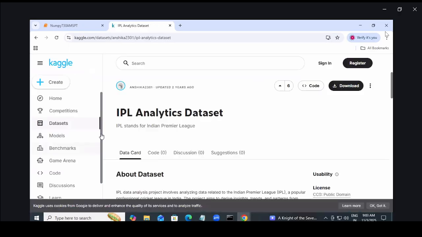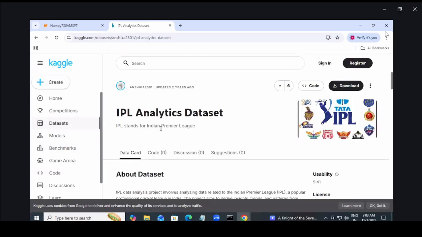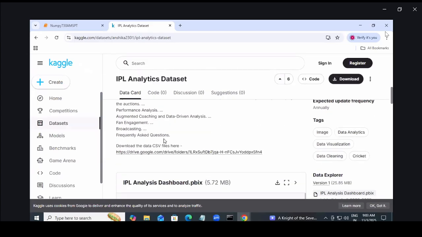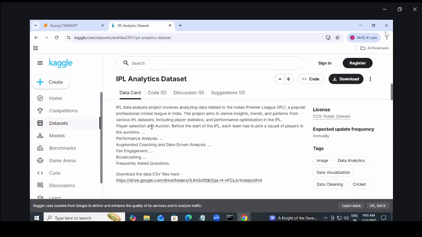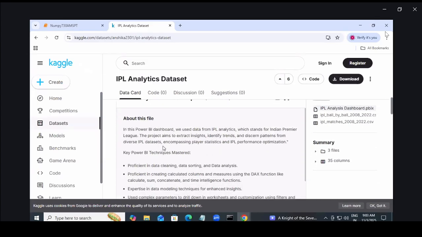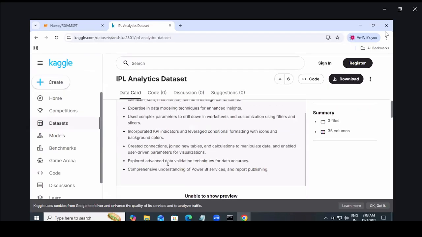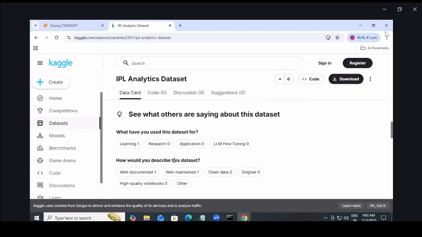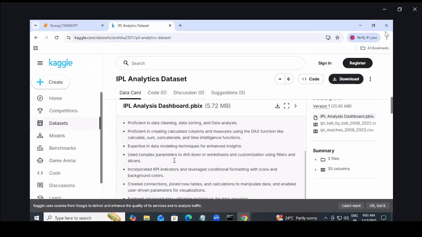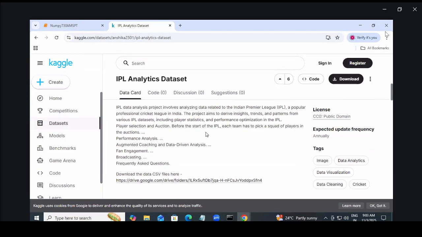Now this analysis is helpful for identifying what? What can they identify by analyzing this IPL data, what can they do with it? What is the outcome of this project?